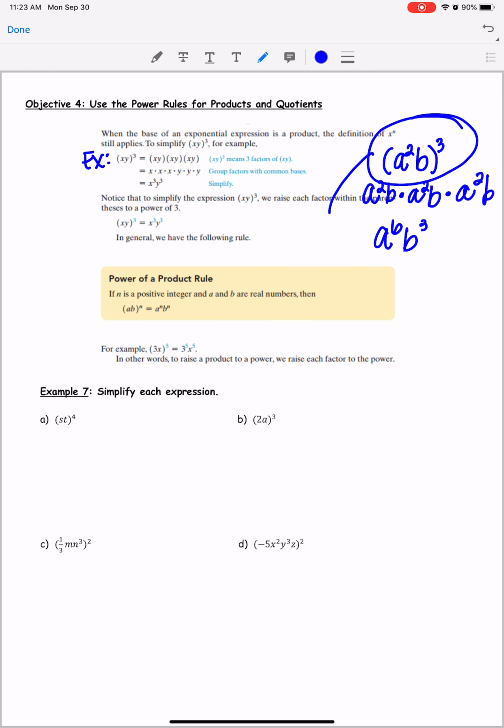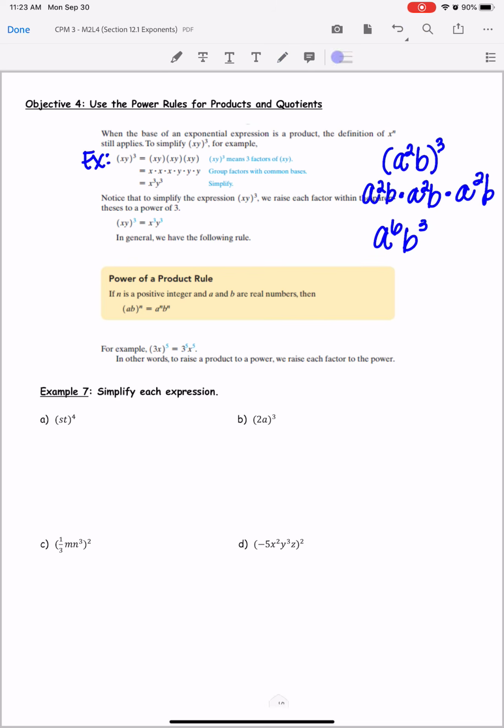How could I have gone from here to here? It's not technically the distributive property, but you can think of it as that. You're multiplying, you're distributing to everything. So 2 times 3 gives me 6, and if I use that 1 here, 3 times 1 gives me 3. So if you have multiple bases, all to an exponent, you need to distribute that exponent to everything.